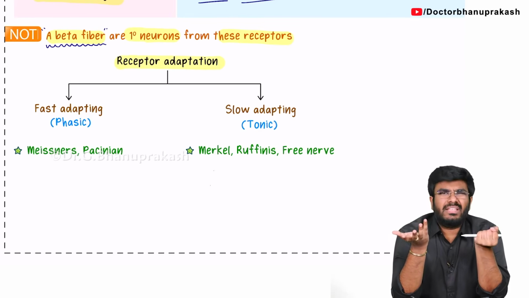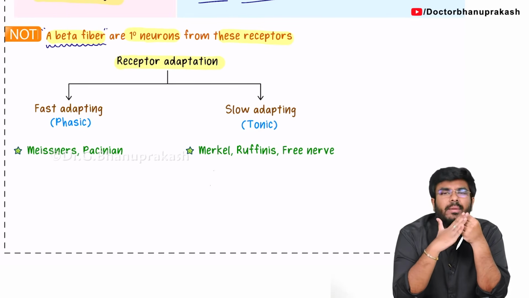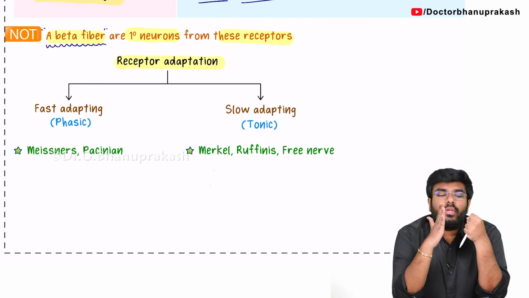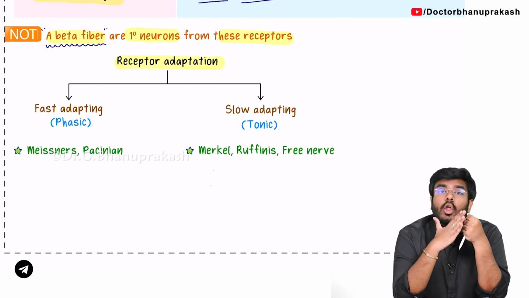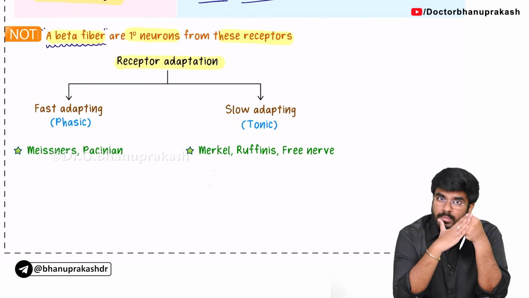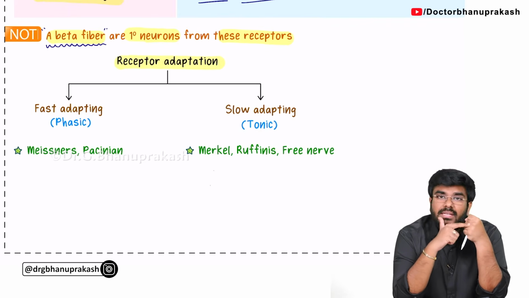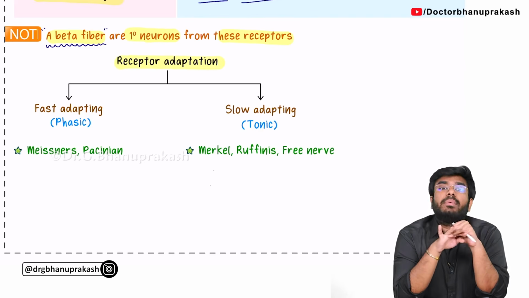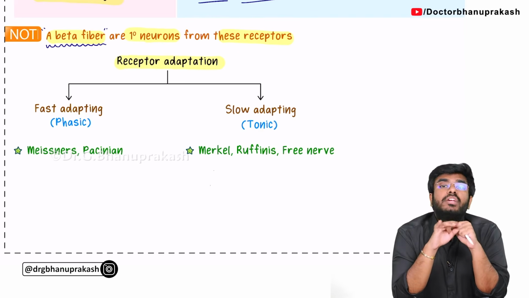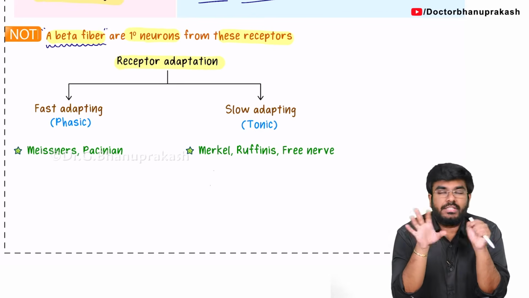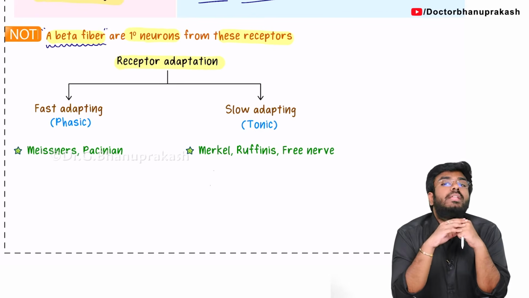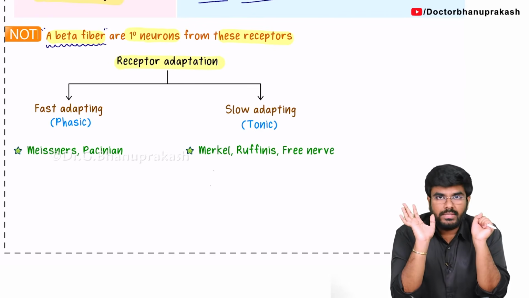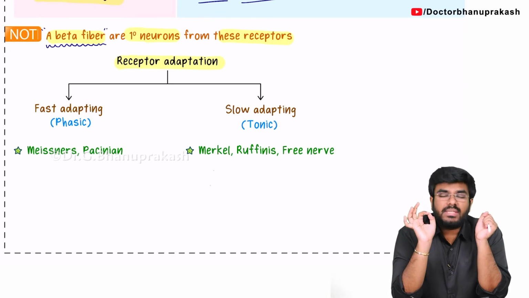So if you give continuous non-harmful same intensity stimulus for a certain time in an area, the touch receptors in that area will undergo adaptation. They do not produce action potentials, they won't undergo depolarization. So this is called receptor adaptation.